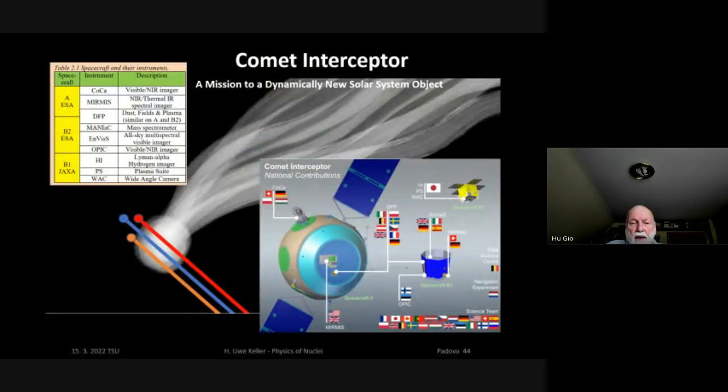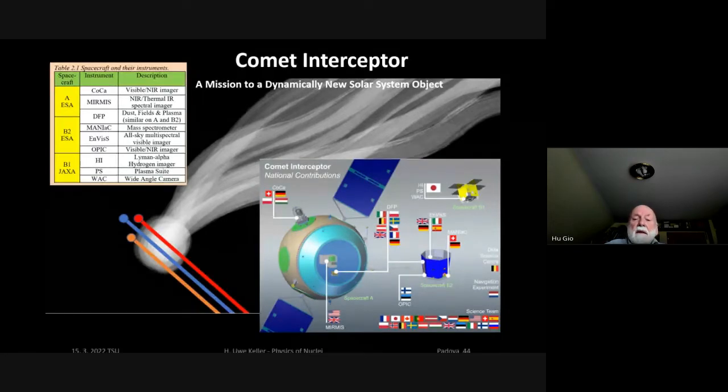On the European continent, we have a mission approved by ESA, which is Comet Interceptor, and which wants to fly by a dynamically new solar system object. The idea is to store the spacecraft after launch at the L2 point and have the spacecraft wait until a new comet comes into the inner solar system, then reactivate the spacecraft and try to fly by this new comet.